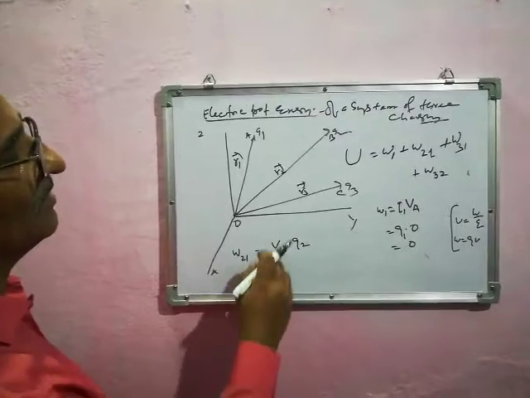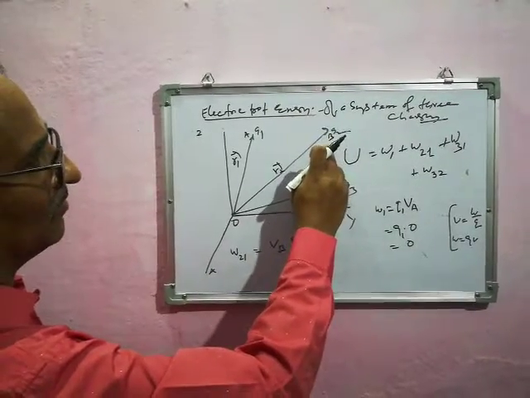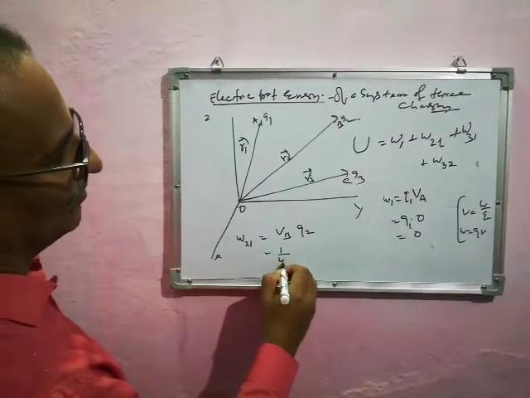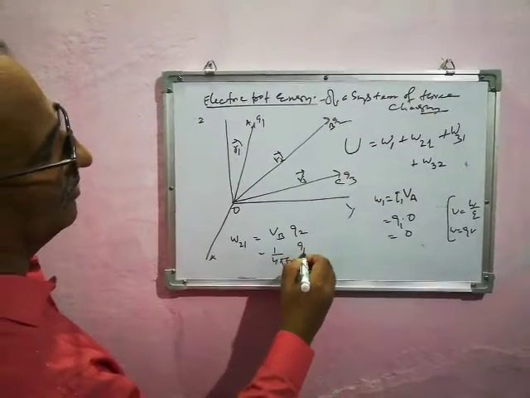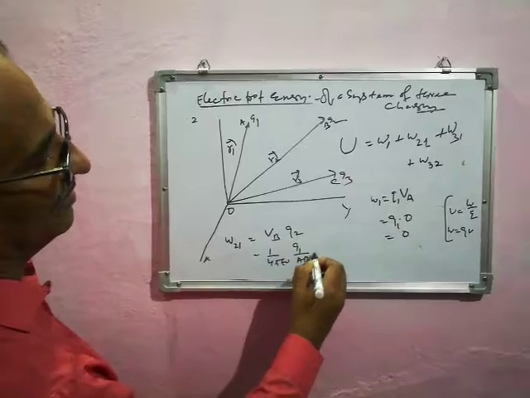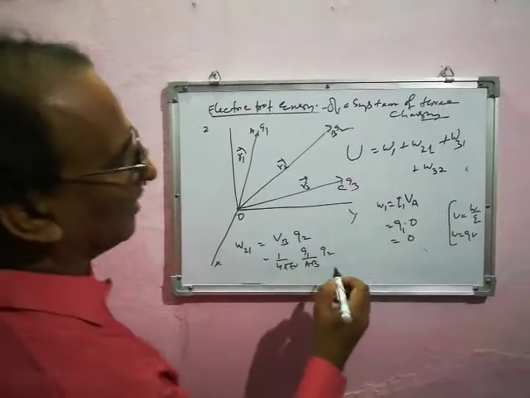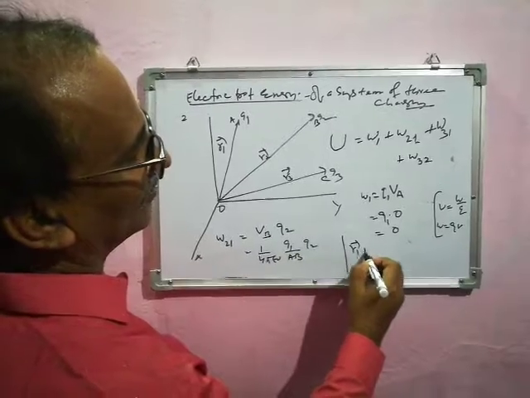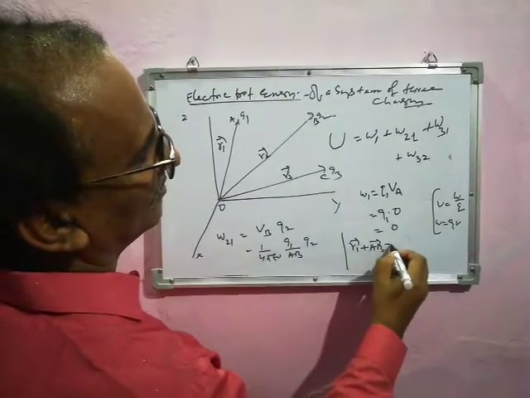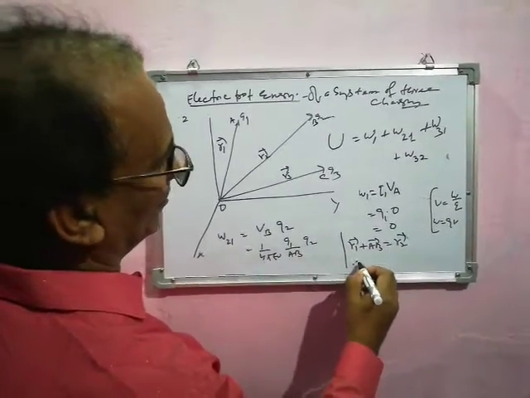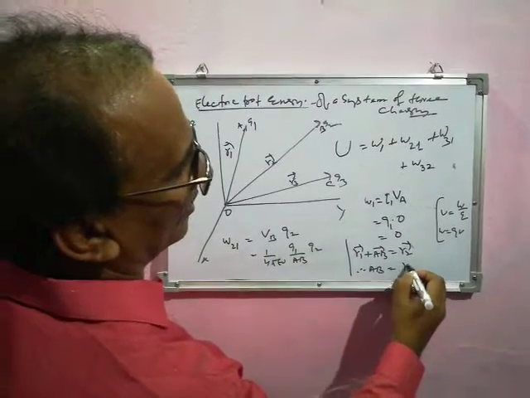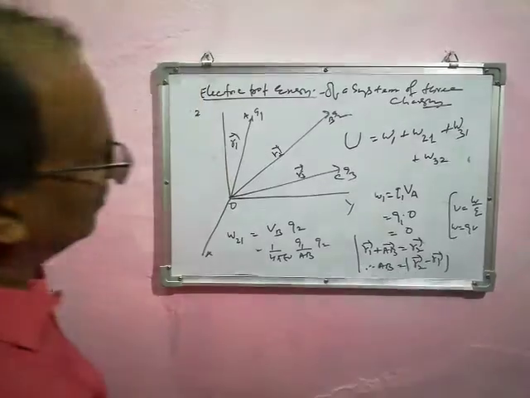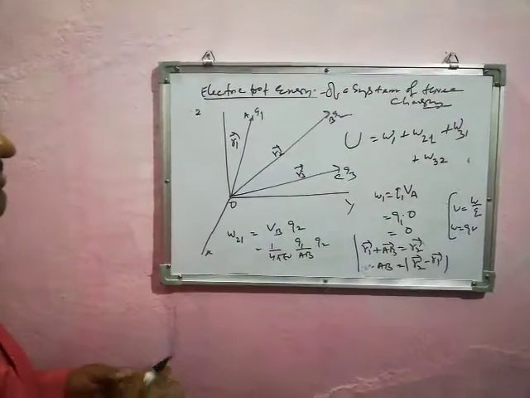And now there is a value of potential at the point B due to the presence of Q1, which is equal to 1 by 4 pi epsilon naught, Q1 by distance AB, into Q2. And since R1 plus vector AB is equal to R2, therefore AB is equal to mod of R2 minus R1.